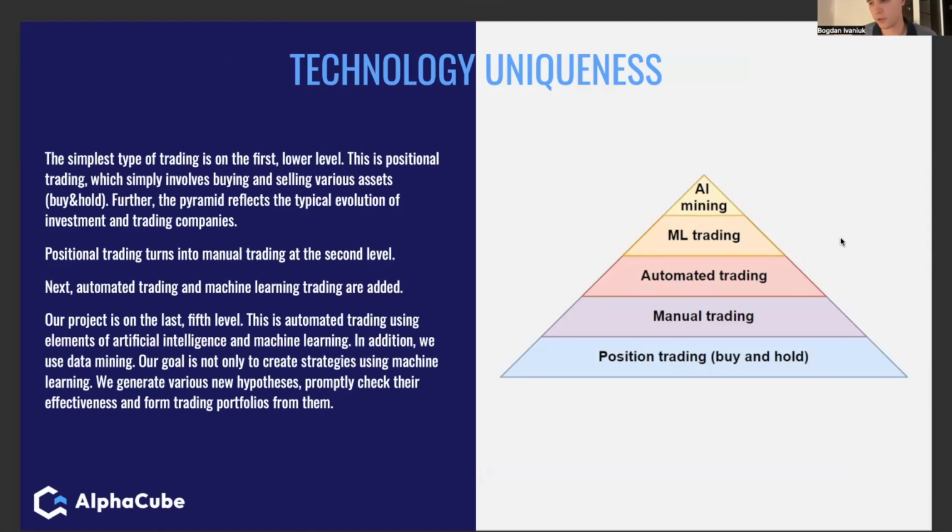Then a company or trader evolves and thinks about additional manual trading, to open some long positions and short positions. And so right now we have in the world a lot of prop trading companies. They are looking for smart traders, picking the best of them and combining a portfolio from them.